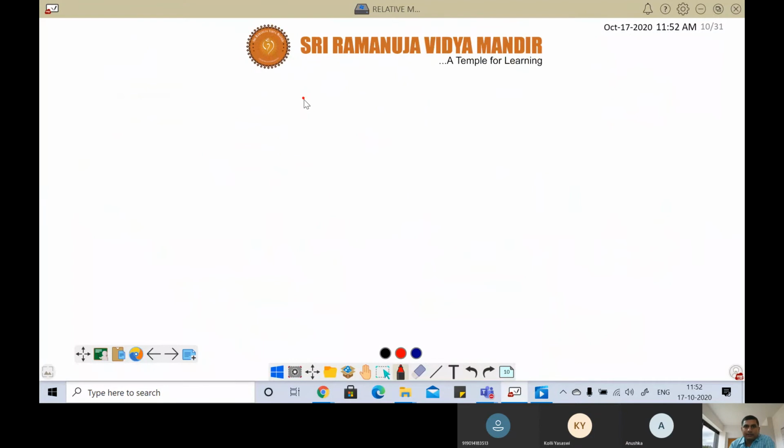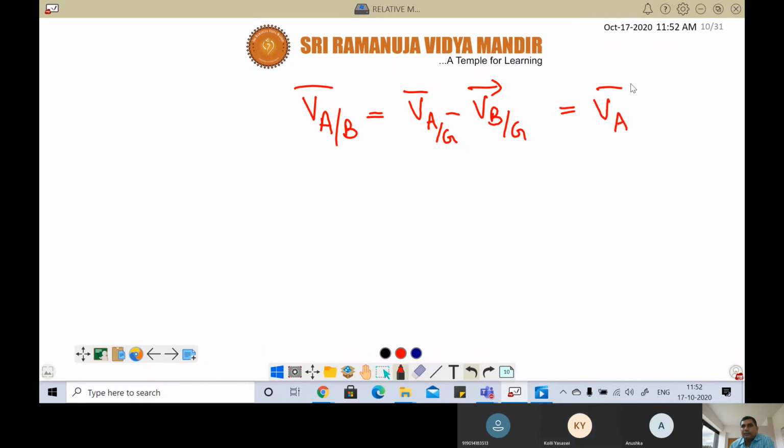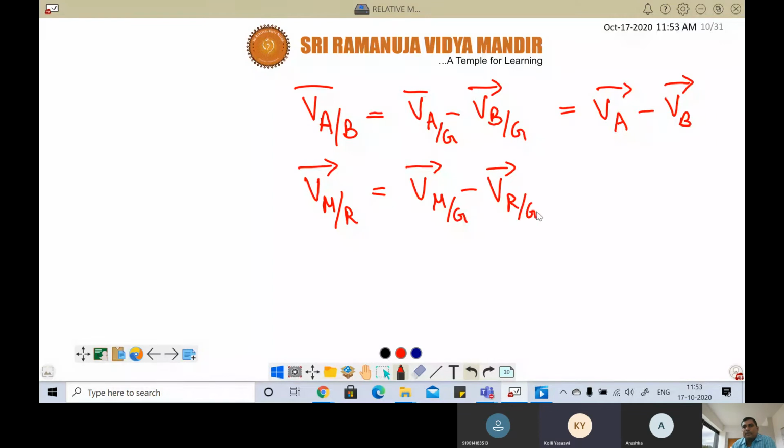Please be careful. Just like when we write velocity of A with respect to B, we write velocity of A minus velocity of B. When we don't write a subscript, it means with respect to ground. So sometimes we also write it as velocity of A minus velocity of B. Same way, velocity of man minus velocity of river means with respect to ground.